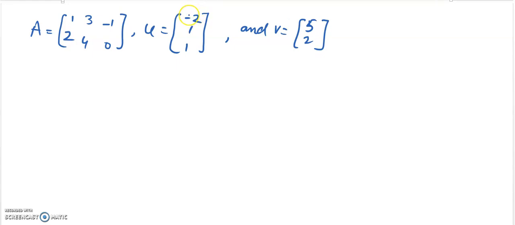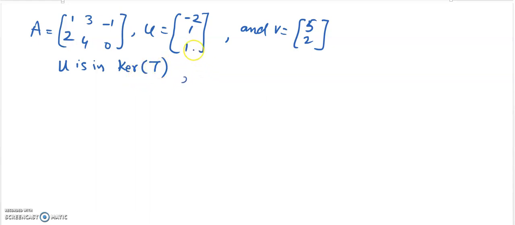So what we need to check is if U is in the kernel of T. Okay. So what does it mean by kernel of T?